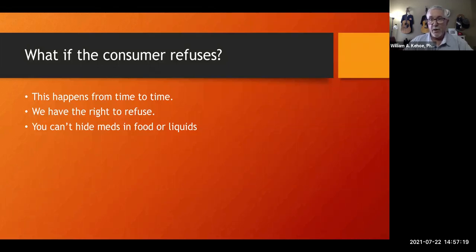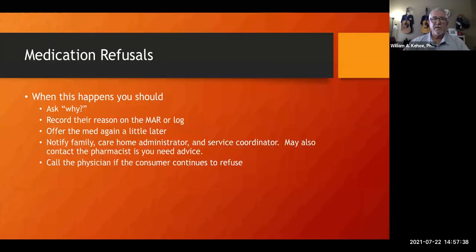But far and away, our consumers have the right to refuse medications. And always remember, you can't trick consumers. You can't trick anybody about taking medications. You can't hide it in their food, those kinds of things, okay? They have the right to refuse.